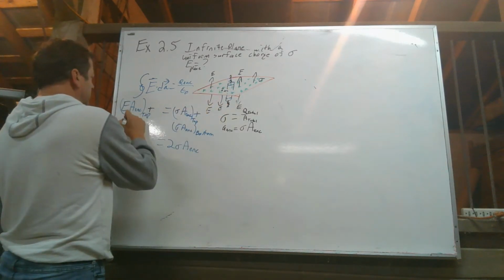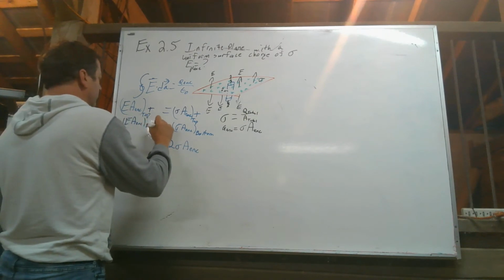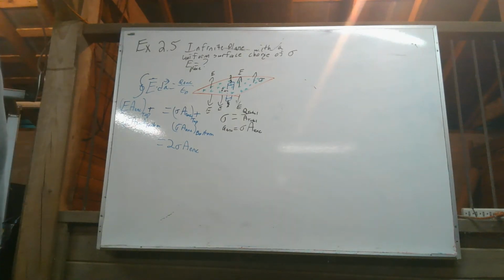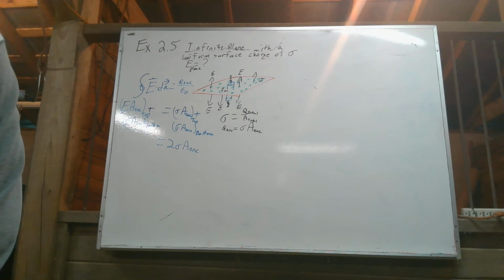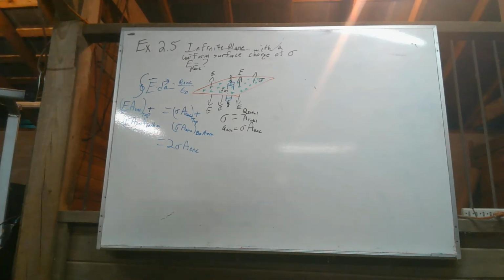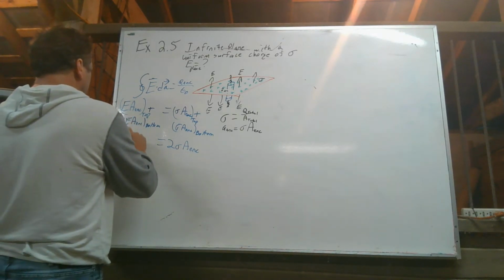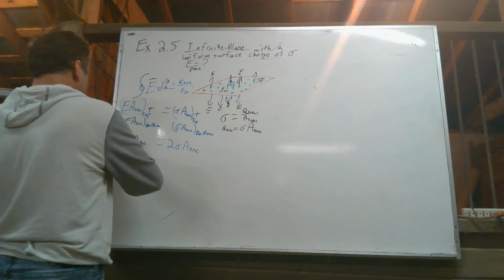So plus E area enclosed for the bottom. This becomes 2E area enclosed total.